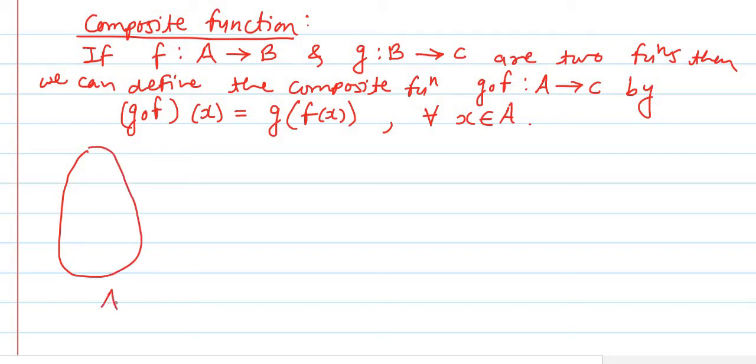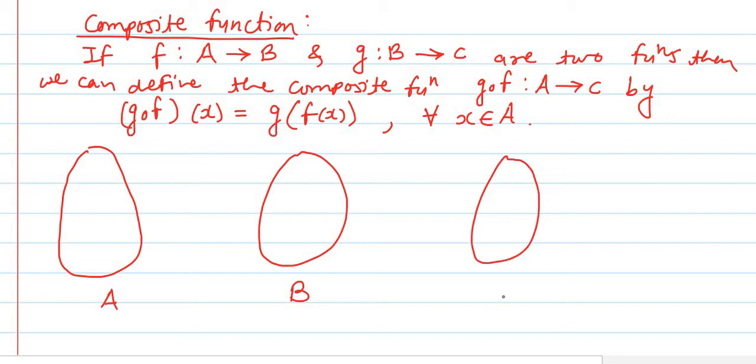Suppose this is a set A, we have another set B and one more set C. Suppose the elements of set A are x, y, z, the elements of B are a, b, c, d, and the elements of C are p, q, r.